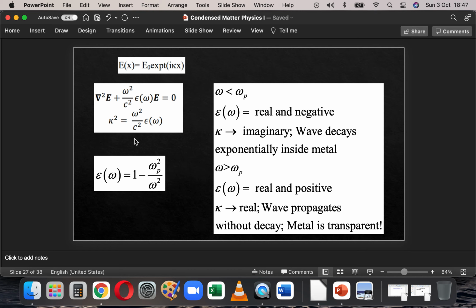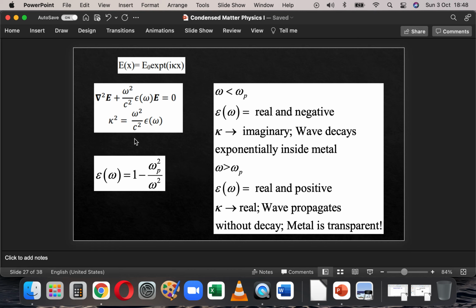So for frequencies greater than the plasma frequency, the dielectric constant is real and positive, and therefore the wave number is now real, which means that the wave actually propagates without decay and the metal becomes transparent. The reason it is called the plasma frequency is that for frequencies greater than that, the entire wave goes through, and you have a collection of free electrons and you are applying an oscillating electric field.